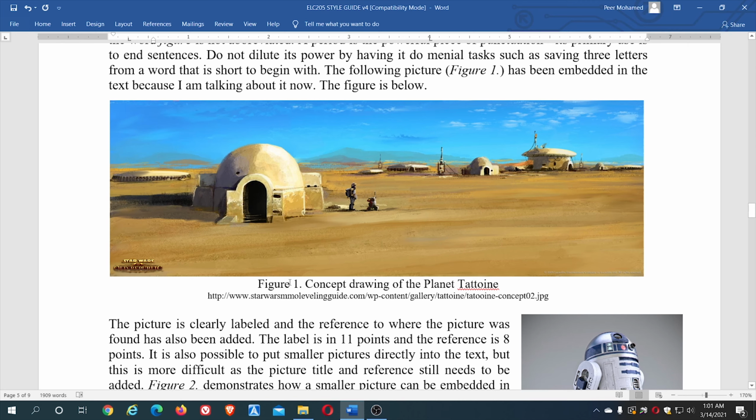We call pictures figures. So this is the first picture, so we call it figure 1. You can see here the following picture, figure 1, has been embedded in the text because I am talking about it now. The figure is below and you give a number, figure 1, picture 1. Concept drawing of the planet Tatooine.